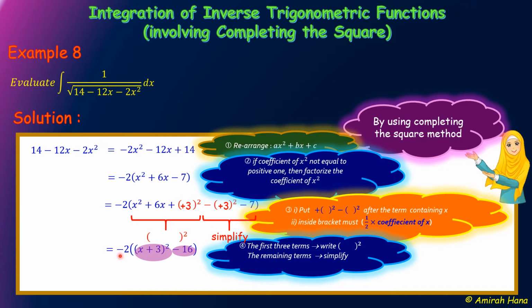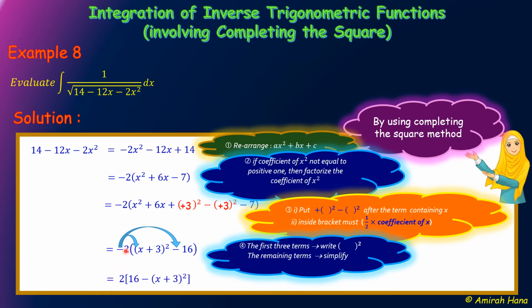Okay, so we will get error or complex number. To avoid error, we need to expand back the negative sign here. We expand the negative sign only: we multiply it with the bracket squared. And then the negative sign here, we multiply by the negative sign here.